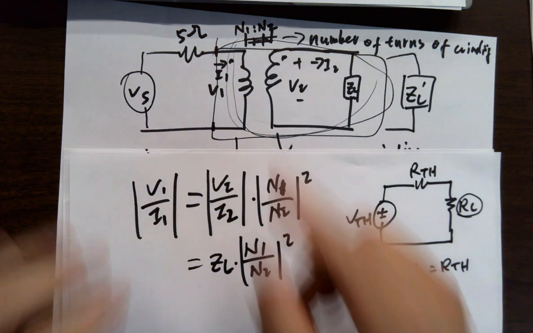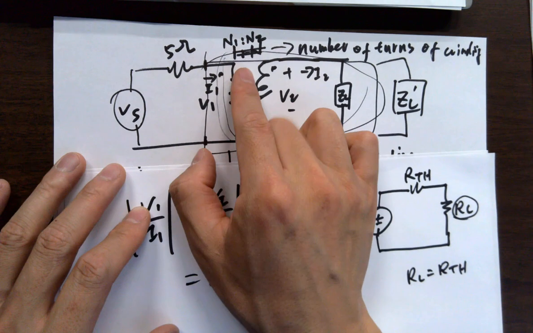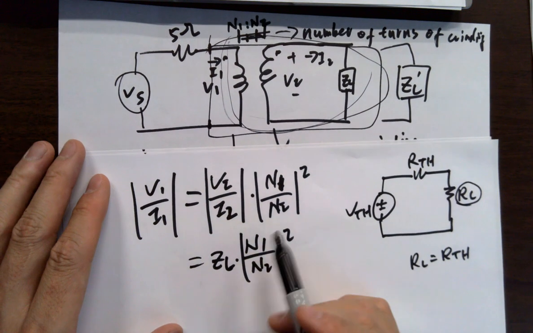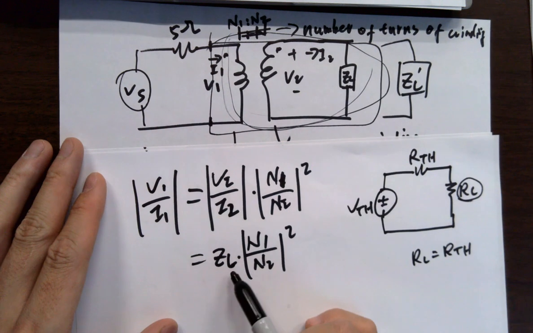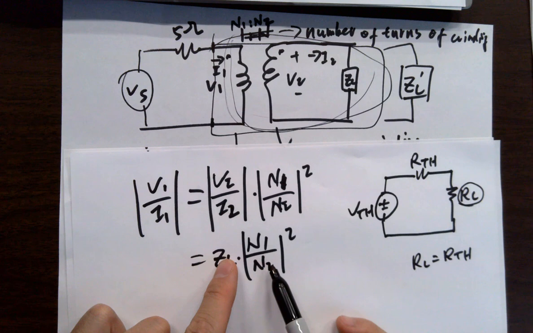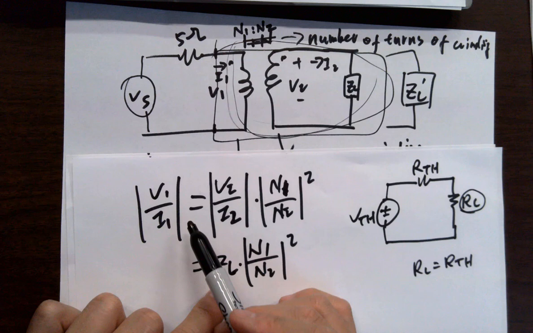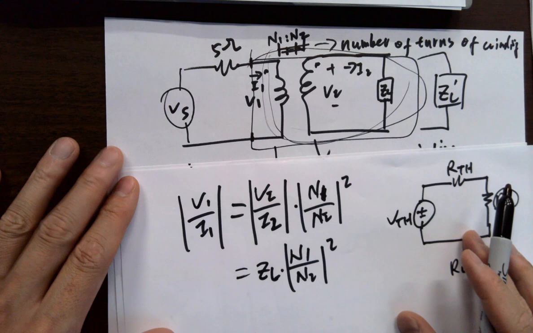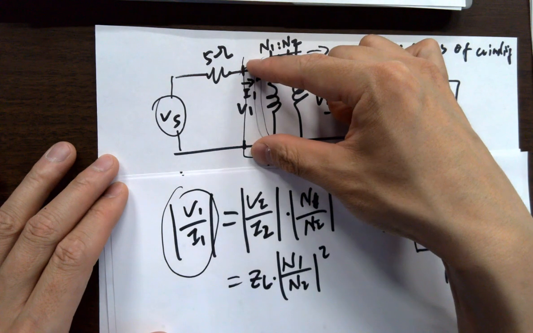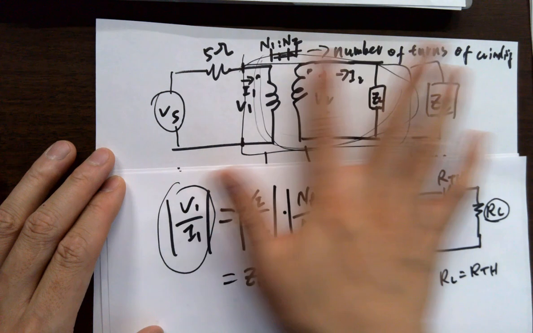So the problem could be to find the ratio of the number of turns of the coil to maximize the power delivered to the load. Because we know either one probably is given. Okay? ZL is given, then you find N1 over N2, the ratio. Or N1 over N2 is given, you find ZL. Because this is V1 over I1, which is the equivalent impedance or resistance behind this line, okay?